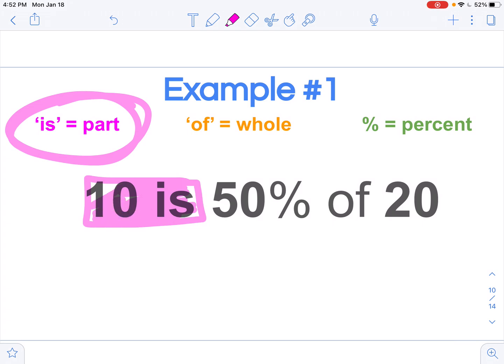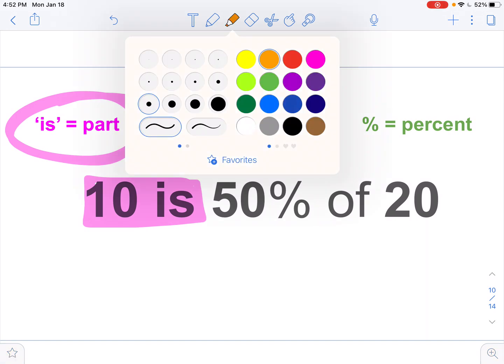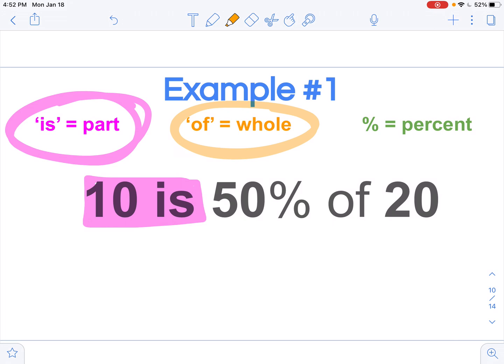The part is almost always going to be in front of, before, or to the left of the word is, because I say 10 before I say the word is. If I'm looking for the whole, I'm looking for the word of. The whole is almost always going to be found after the word of. So 20 is our whole, 10 is our part.